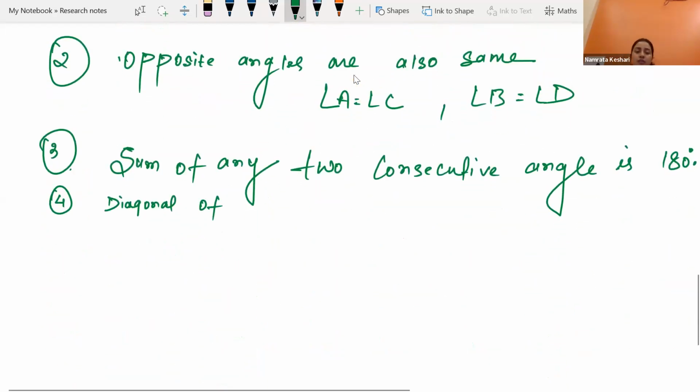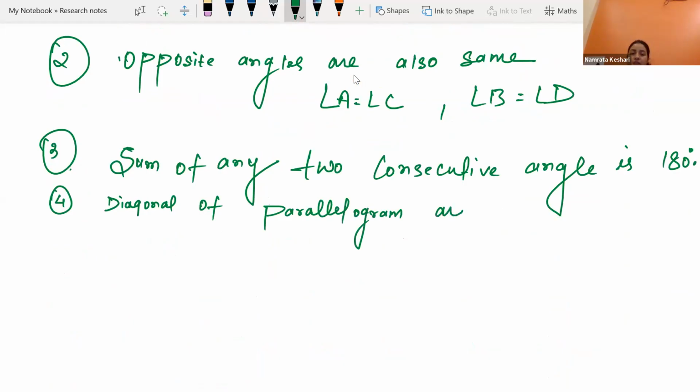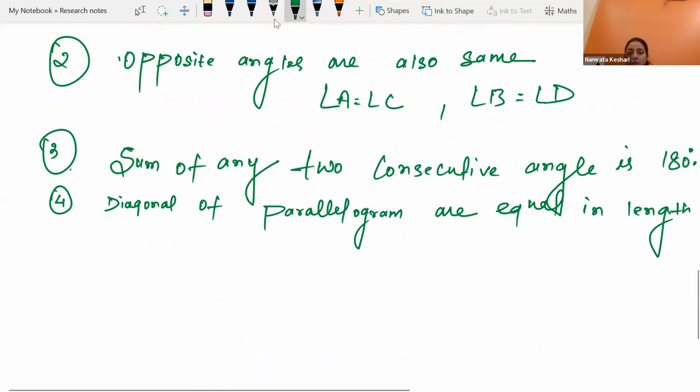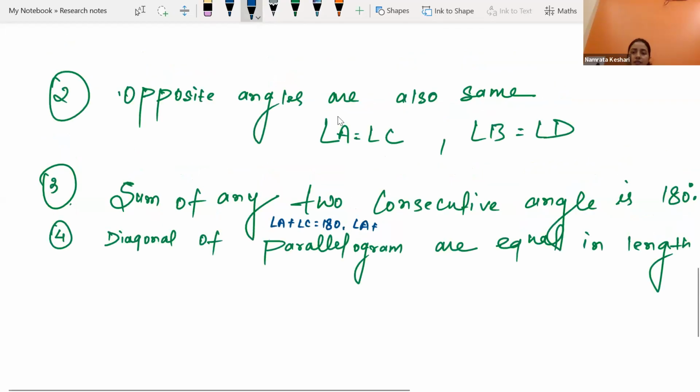Okay. So diagonals of a parallelogram are equal in length. This much only we have got. Let's keep it like this. Sum of any two consecutive angles: if you want, you can give clarity over here and write all four cases. Angle A plus angle D is 180.